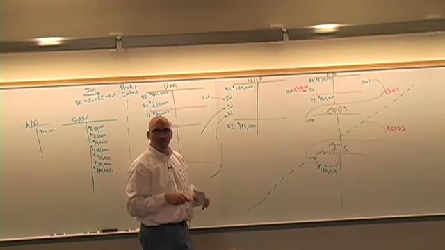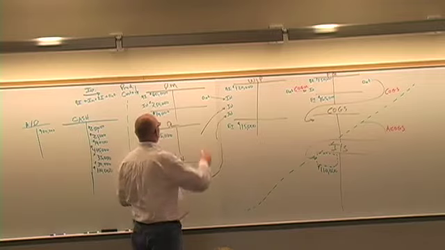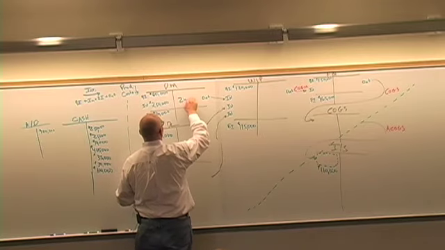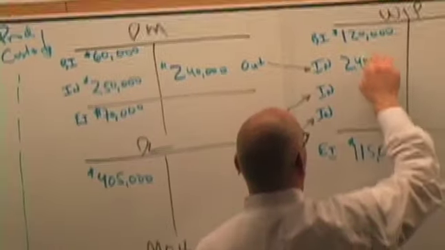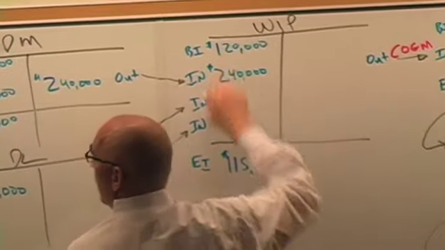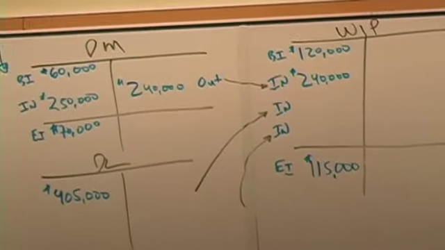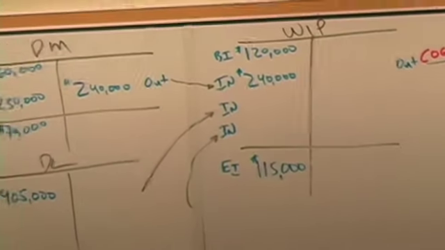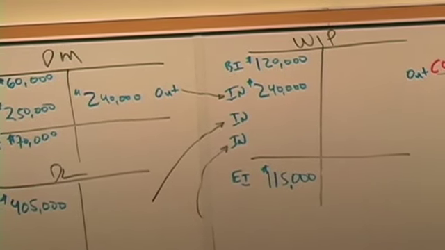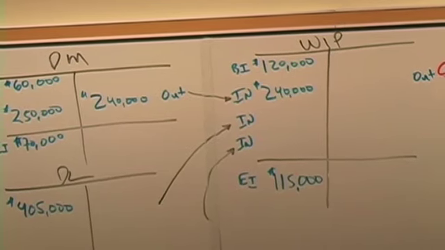For how much? $240,000. Very good. See how easy that was? Once you know what requisitioned means, requested, it's a long way of saying out.